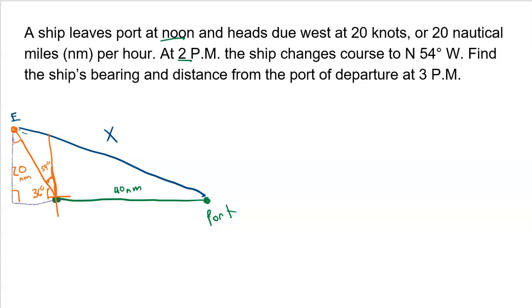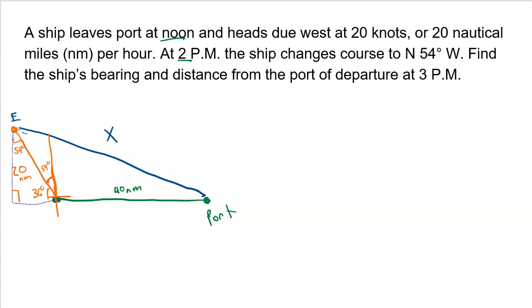And that means this angle right here would be 180 minus 90 minus 36, so that makes this angle 54 degrees, which I also should have known through alternate interior angles. Anyway, I don't want to get into too much geometry, but that makes sense. That's 54 degrees.